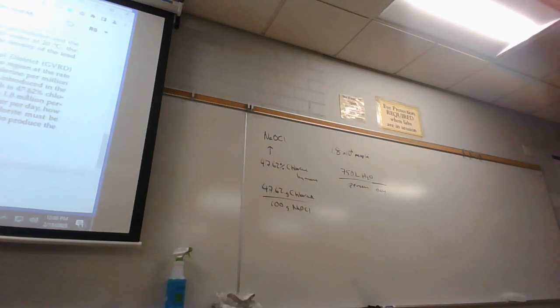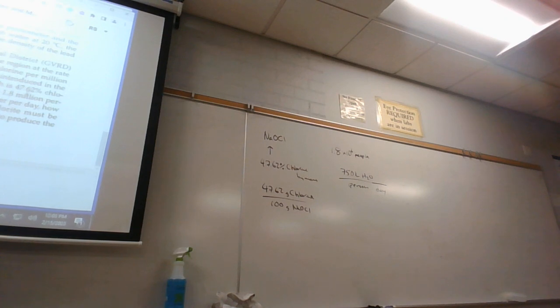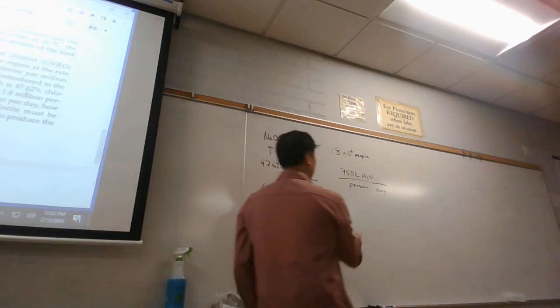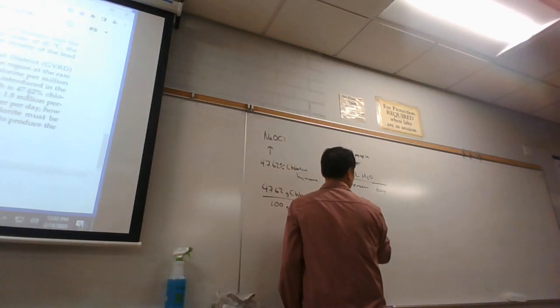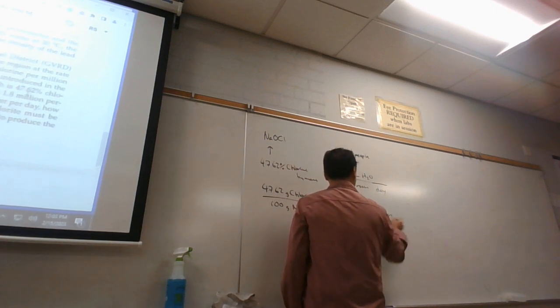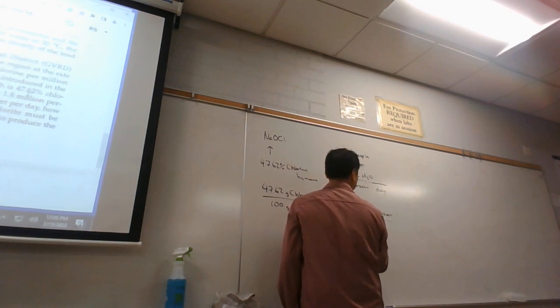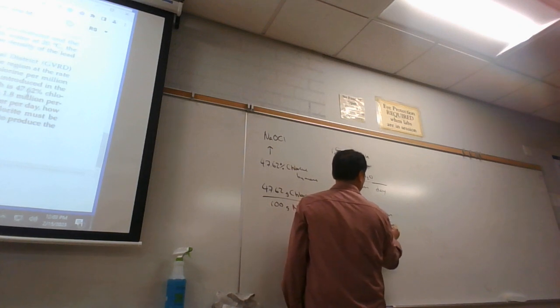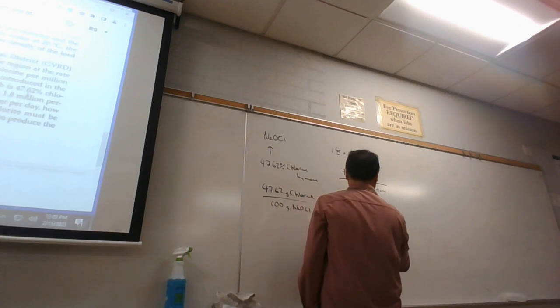How many kilograms of sodium hypochlorite must be added to the water supply each week to produce the required chlorine level of 1 ppm? So we want 1 ppm of chlorine. They're saying 1 ppm is 1 kilogram of chlorine per million kilograms of water or solution.